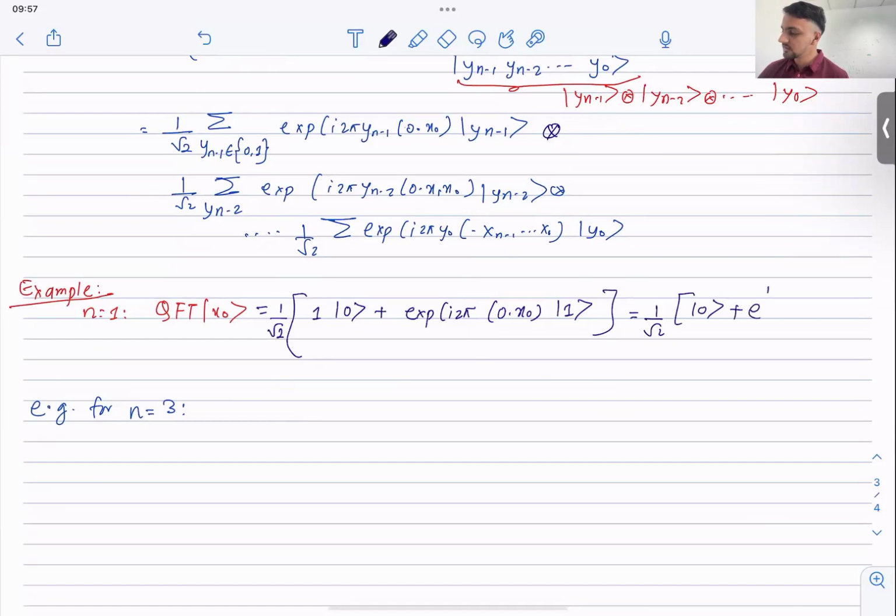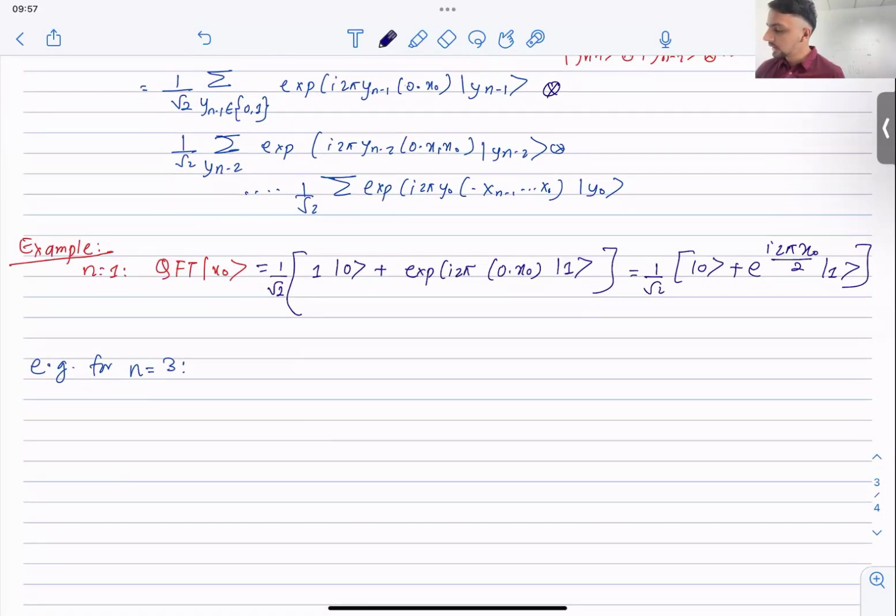So let's write down the definition of 0.x0. What is it? It's just x0 divided by 2. Okay, so I have an answer for QFT on x0.